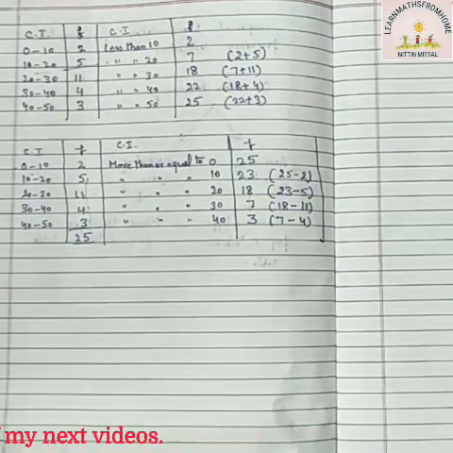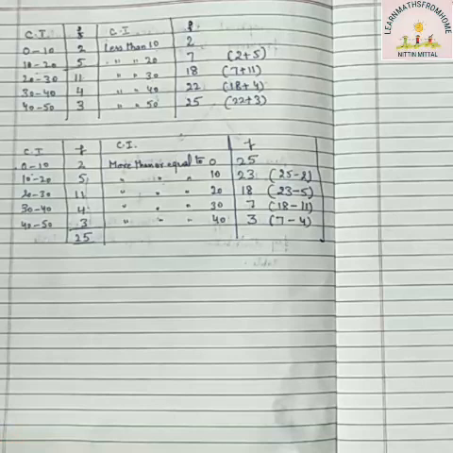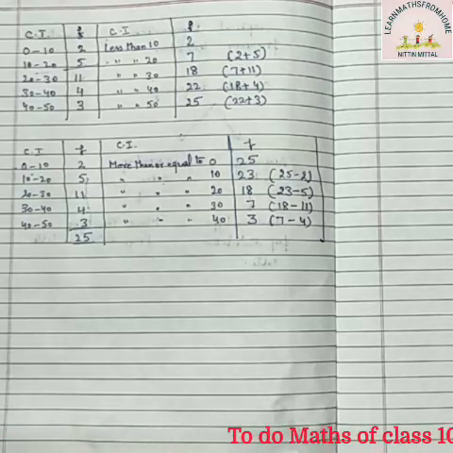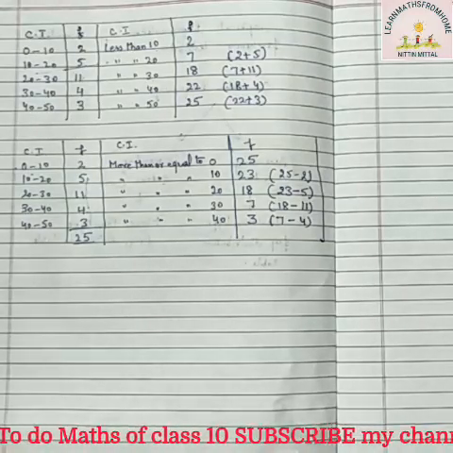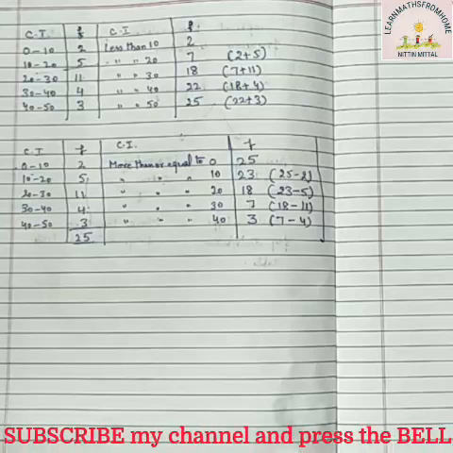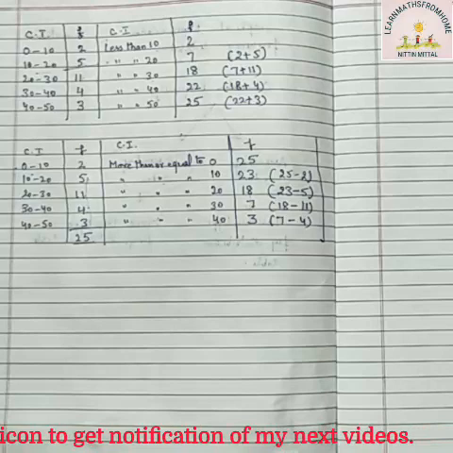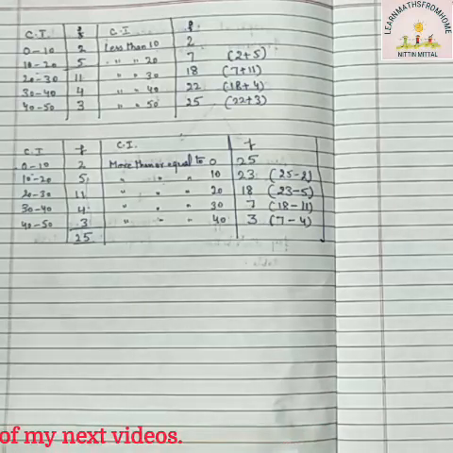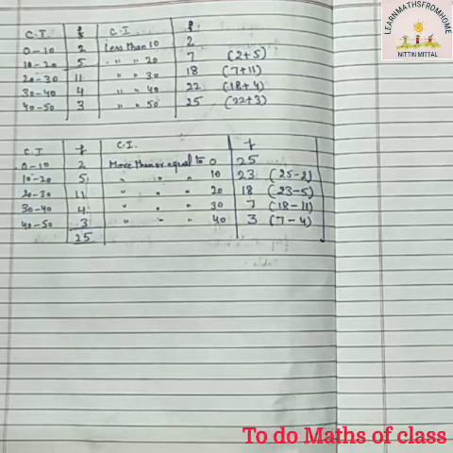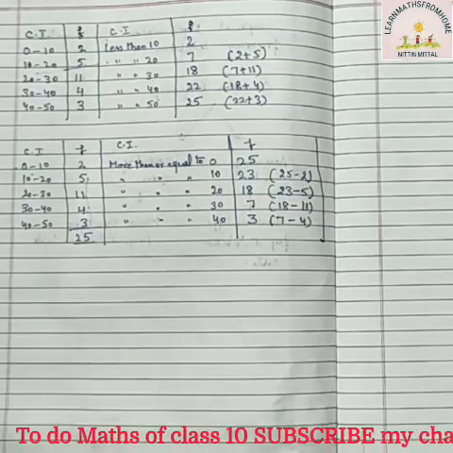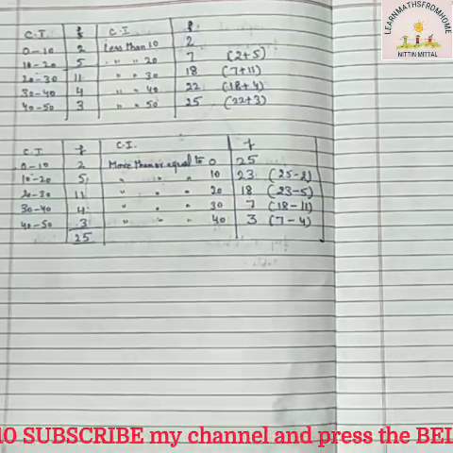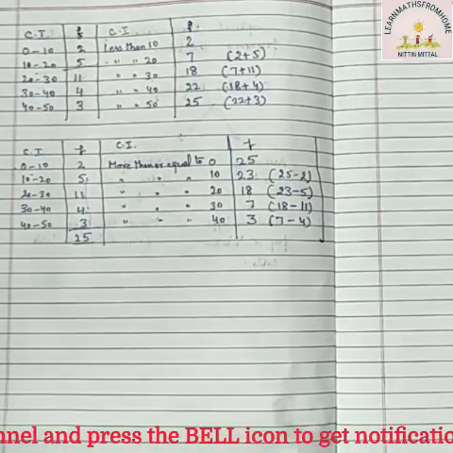how to represent it on graph. Now in 9th class you learn how to draw the graph of frequency, that is known as frequency polygon. In this class we will be doing how to draw the graph of cumulative frequency, and graph of cumulative frequency is known as ogive.